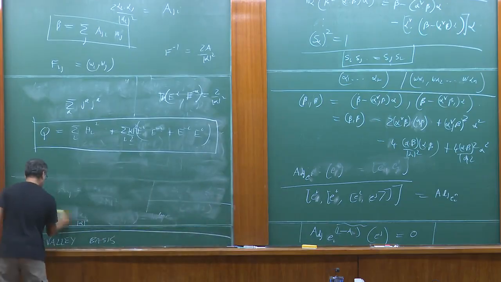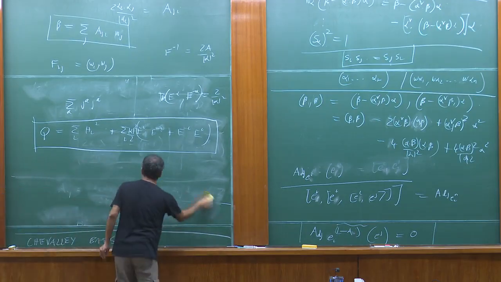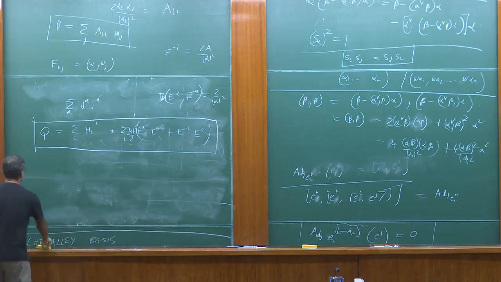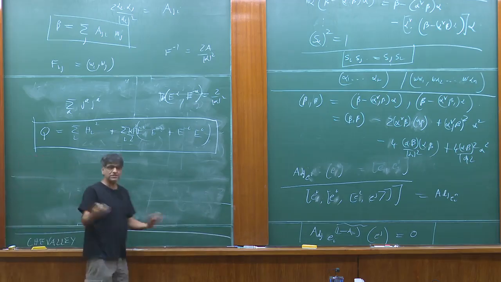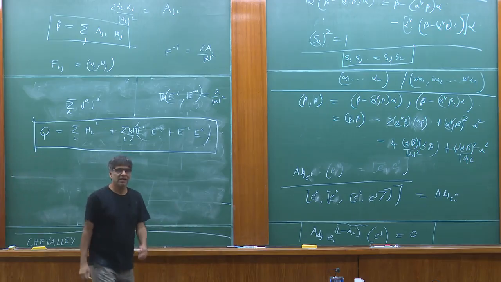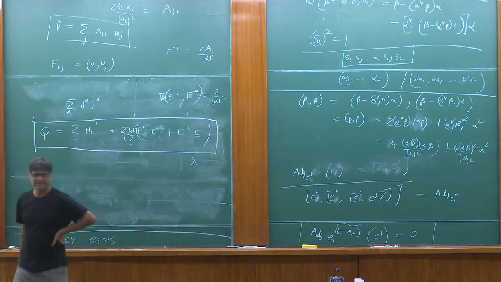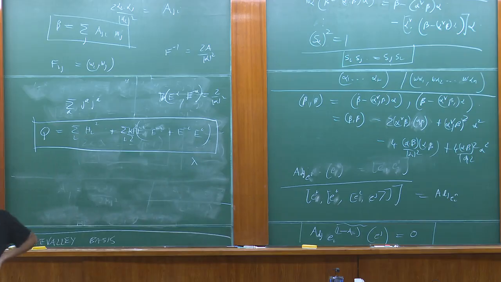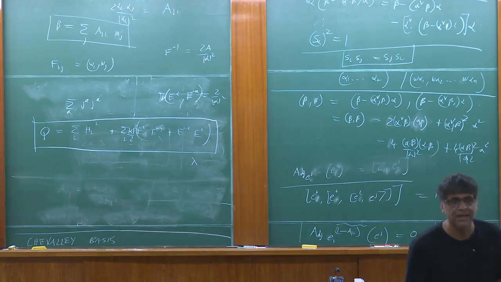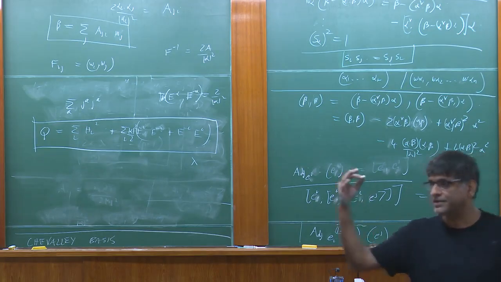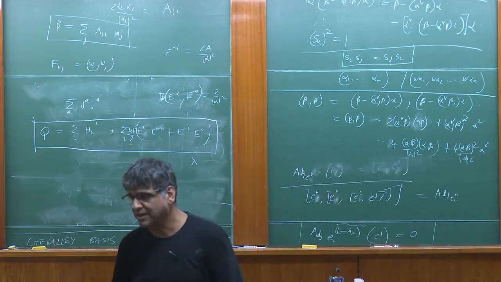Let's suppose we've got a representation whose highest weight is lambda. Some weight lambda. Okay? Now, what we're going to do is to just act with this Casimir operator on lambda.